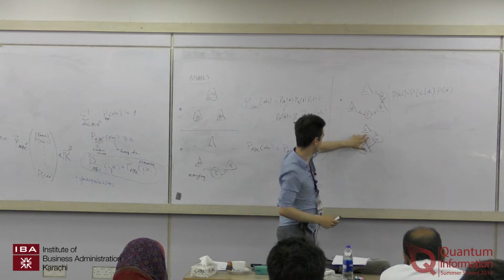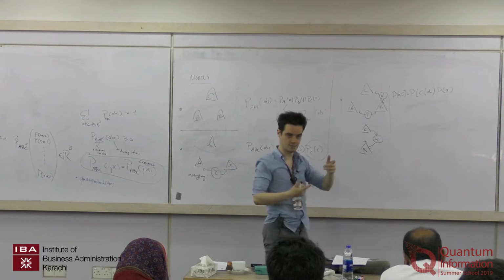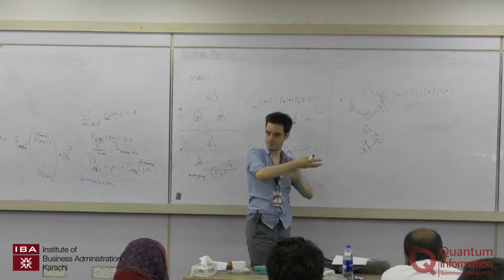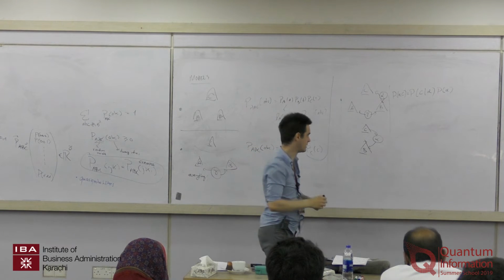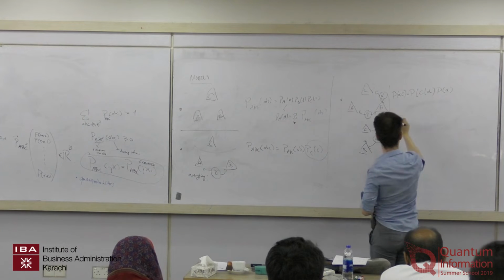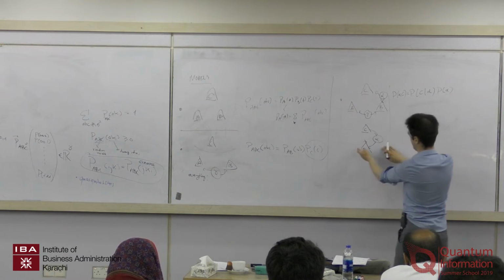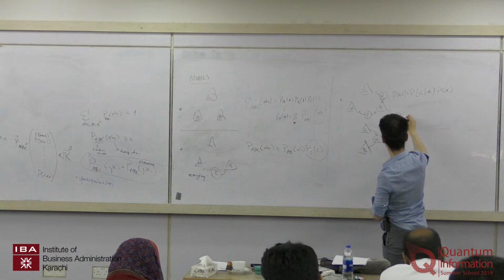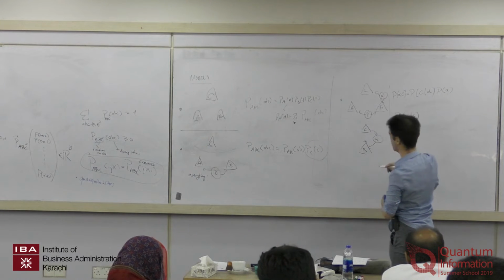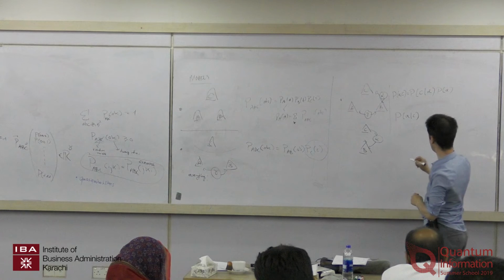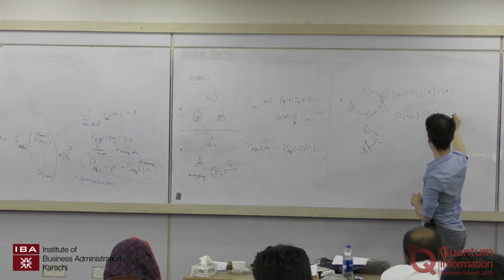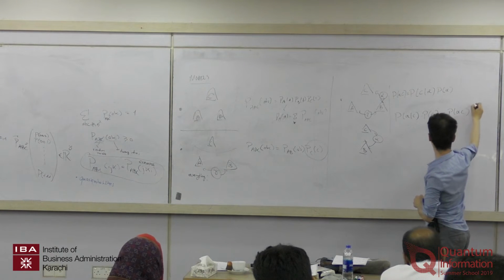And the fact that I can change the direction of this arrow is related to the cancer and smoking problem: I can use Bayes' rule to twist the probabilities around, and it still works. So if I wanted to do this part of the problem, what can I do? I need to write P(alpha given C). If I know the distribution of C, this is equal to P(alpha, C) over P(C).